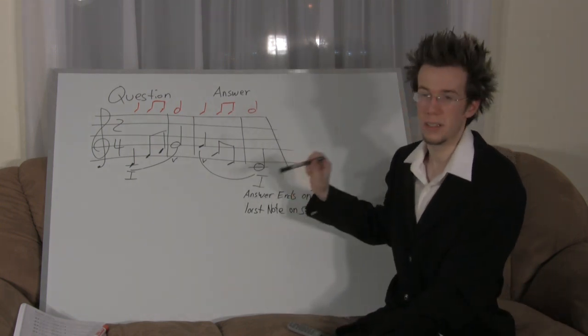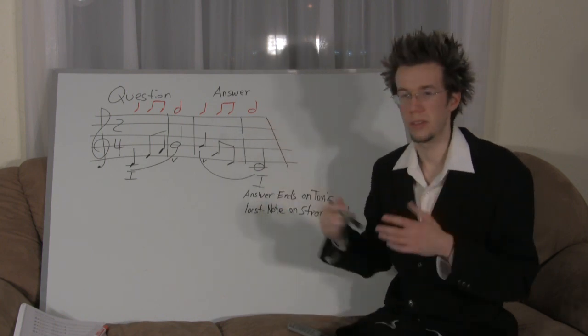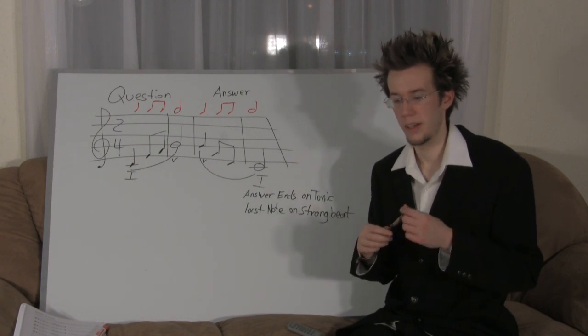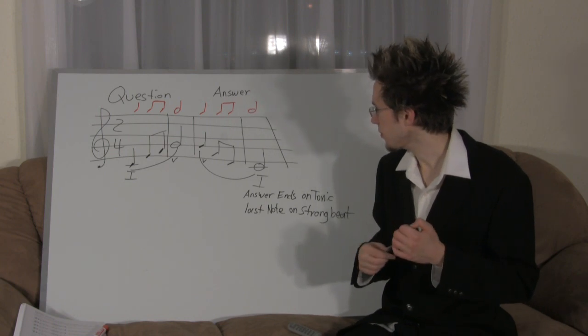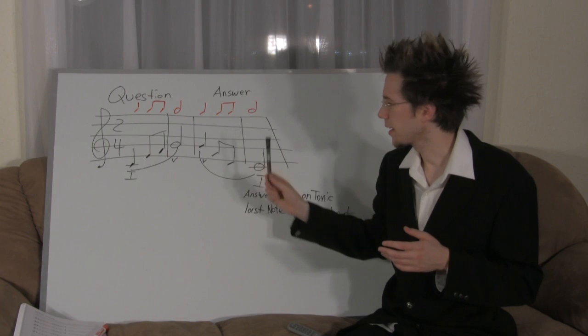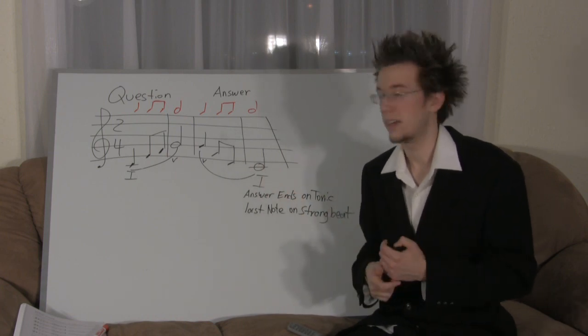So basically what I just wanted to let you know is to keep the distance, don't jump more than a third in your melody, keep it within seconds or thirds, and other than that, end on the tonic and try to play the dominant to the tonic, use that.